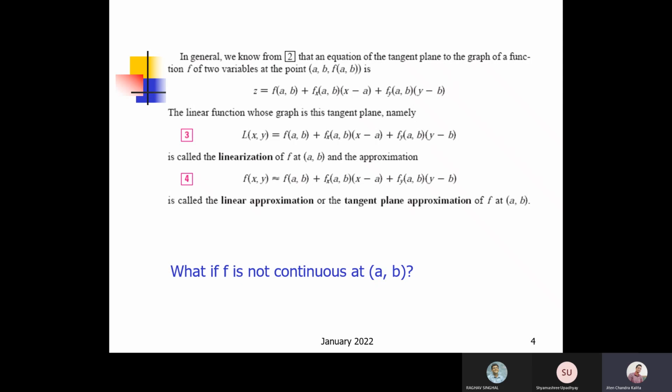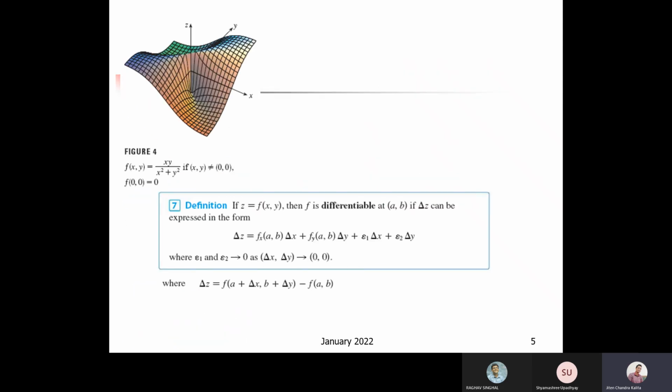Is the tangent plane always guaranteed? Obviously, if f is not continuous at (a, b), then you won't be able to draw the tangent plane. Even if it is continuous, we may have some issues. So we are going to think about this now.